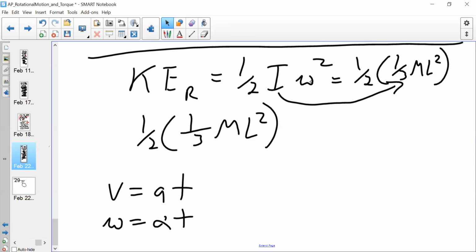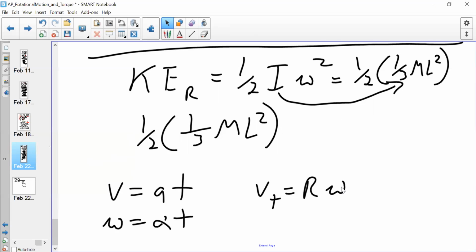Who has that? Okay, I'll help you out. Vt equals radius times the W looking thing, omega.